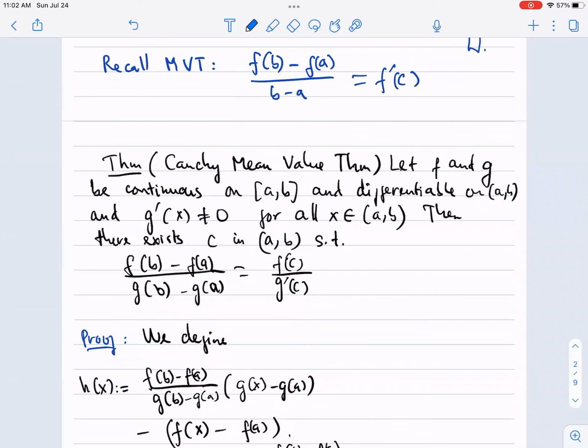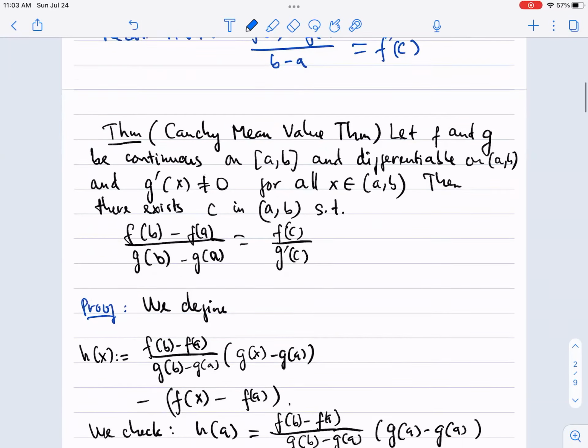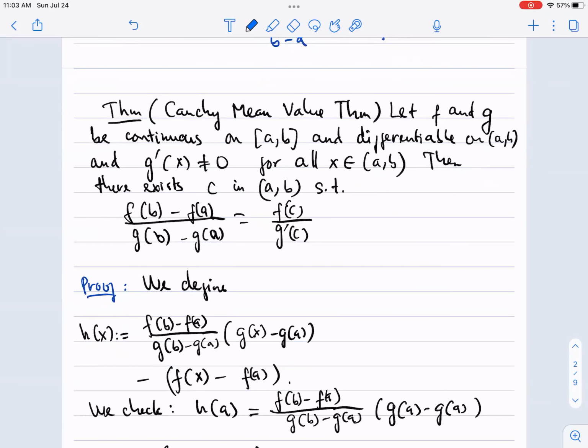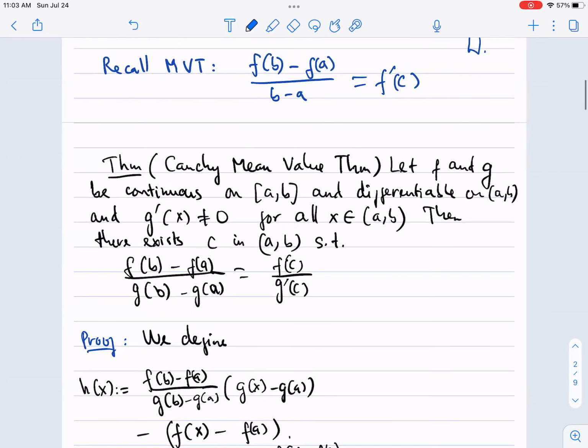Let f and g be continuous on the interval from a to b and differentiable on the open interval from a to b, and g prime of x is different from 0 for all x in the open interval from a to b. Then there exists c in the interval from a to b such that the quotient f(b) minus f(a) divided by g(b) minus g(a) is equal to f prime of c divided by g prime of c.